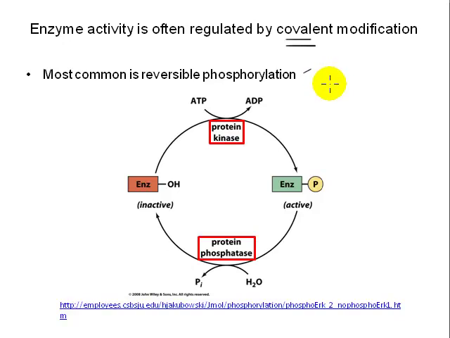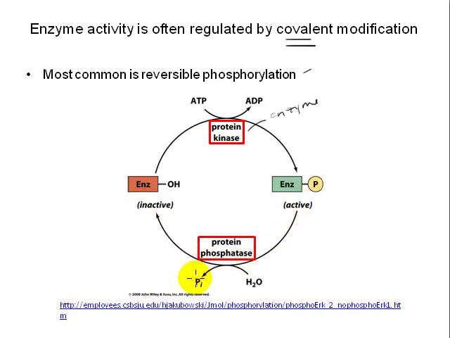The phosphorylation and dephosphorylation reactions are themselves catalyzed by enzymes. Kinases phosphorylate target molecules by transferring phosphate from ATP. And phosphatases remove phosphate groups through hydrolysis reactions.